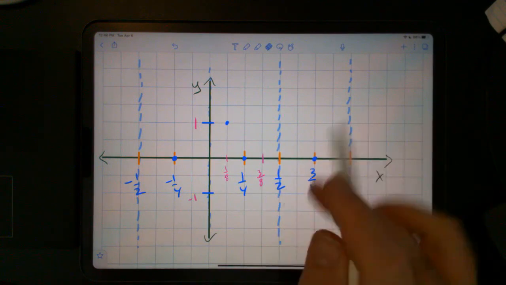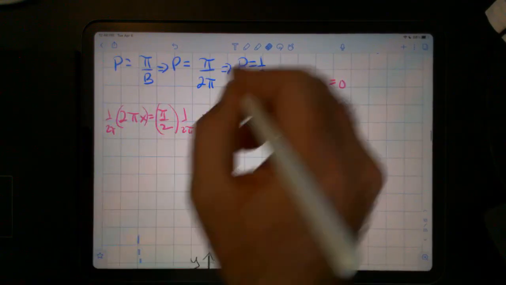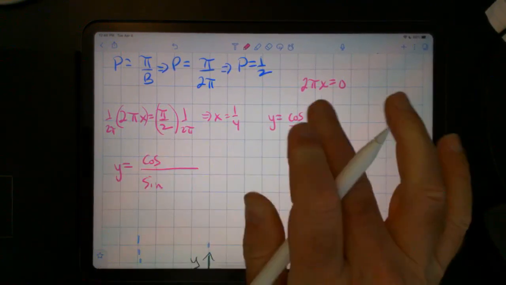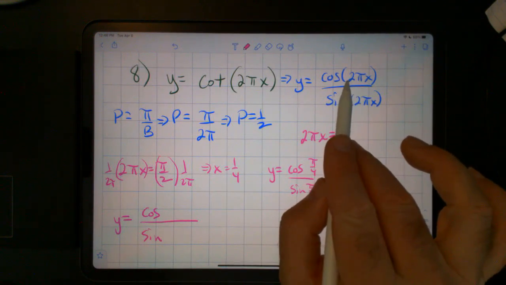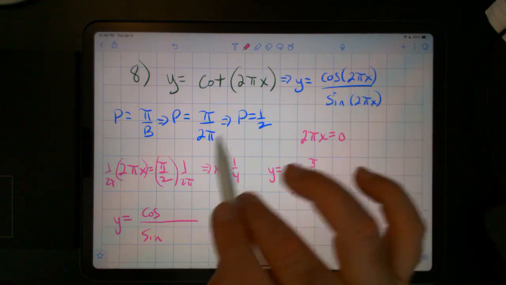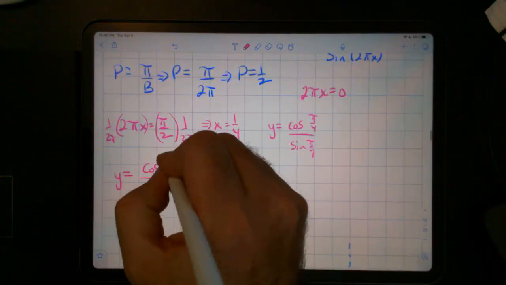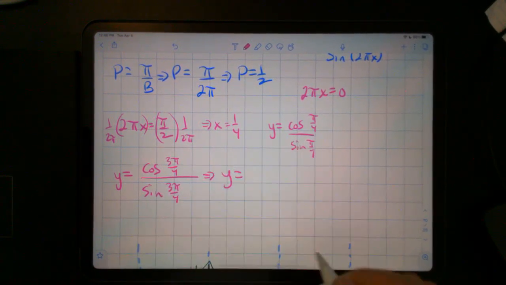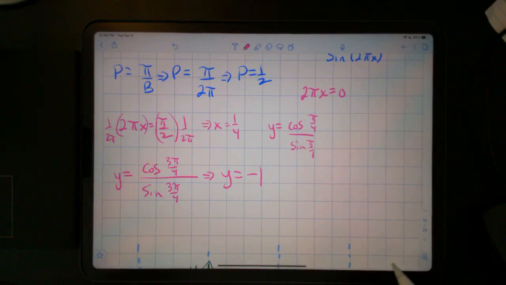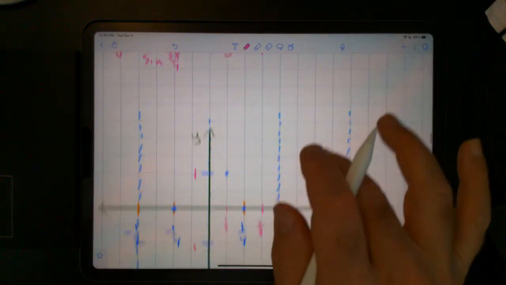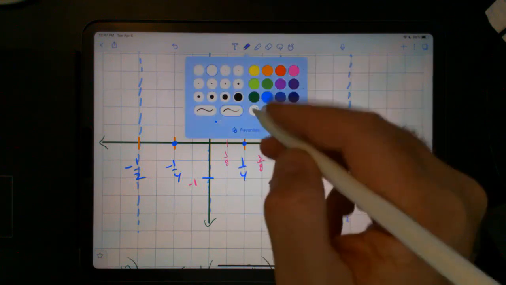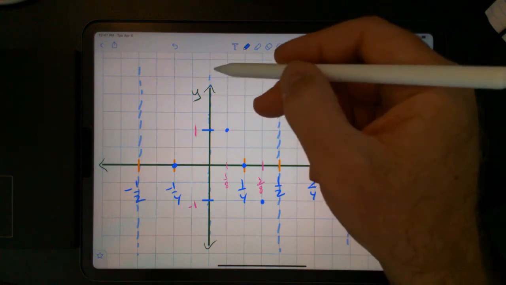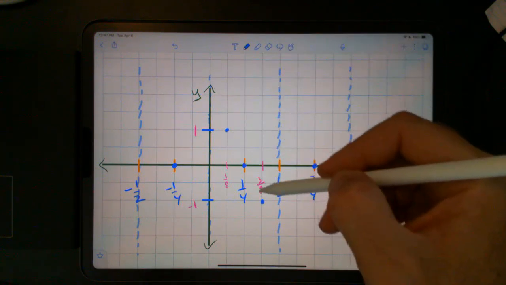What's going on? 3/8 times 2 is 3/4. So what's cosine of 3 pi over 4? And then sine of 3 pi over 4. This implies that y is equal to, well, that's going to be a -1. So this point is down here. You cannot cross this asymptote, so it's going to go in this direction.